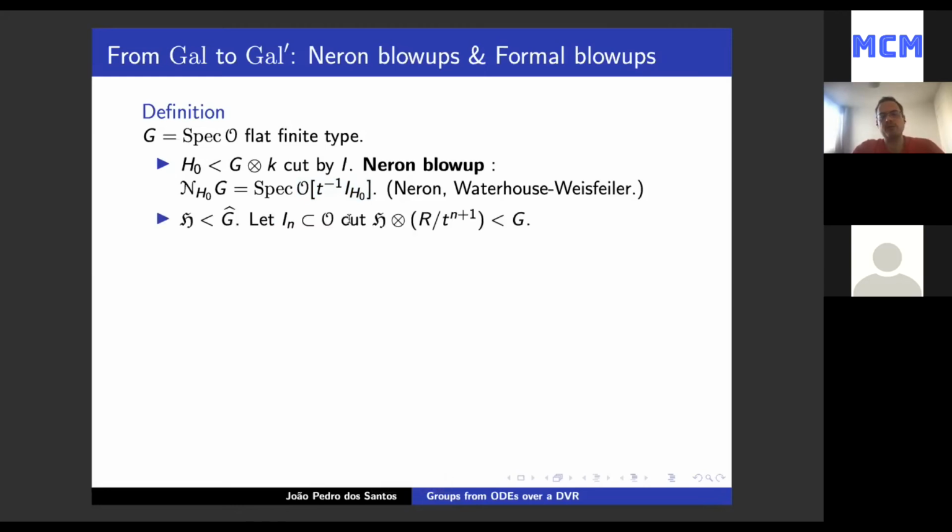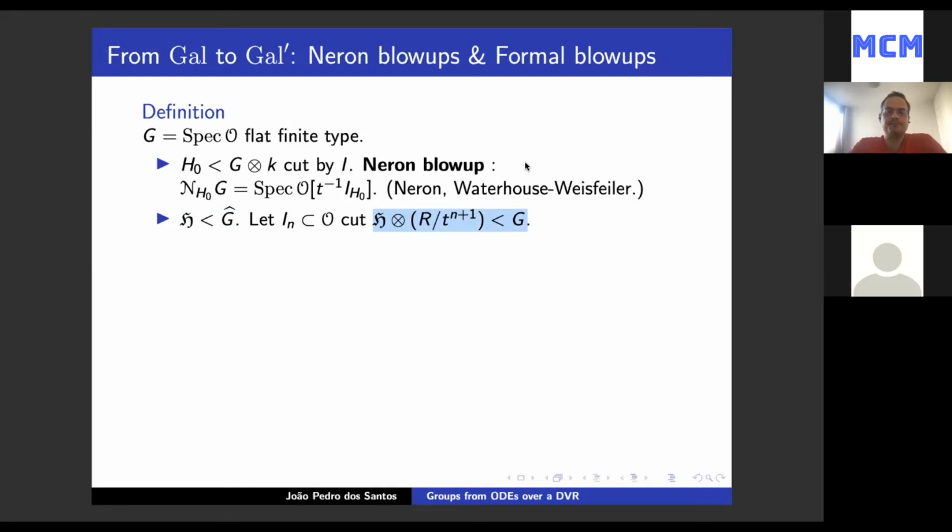And then you have the one we studied, which is the formal blowup. The formal blowup is that instead of giving yourself a closed subgroup of the special fiber, you give yourself a closed subgroup of the completion. So because of that, I have an ideal every time, an ideal corresponding to this closed subgroup of G. So H times H reduced modulo T^(n+1) gives you a closed subgroup of that.